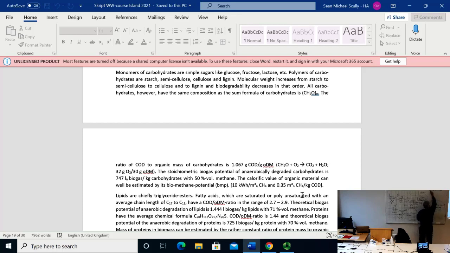So this is 16 grams ODM, and this is 64 grams COD.